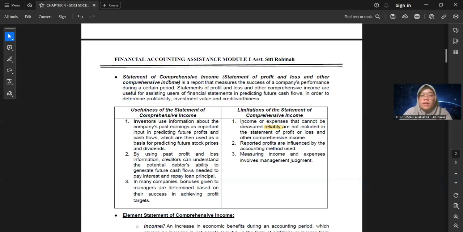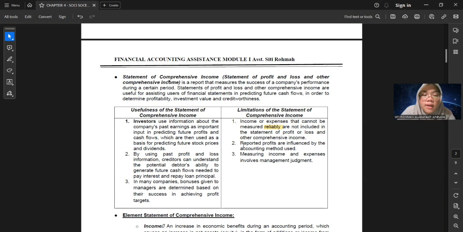The first one is that income or expenses that cannot be measured reliably are not included in the statement of profit or loss and other comprehensive income.